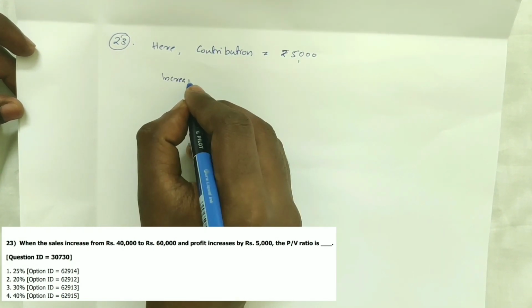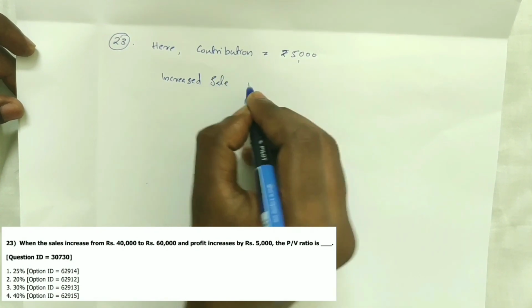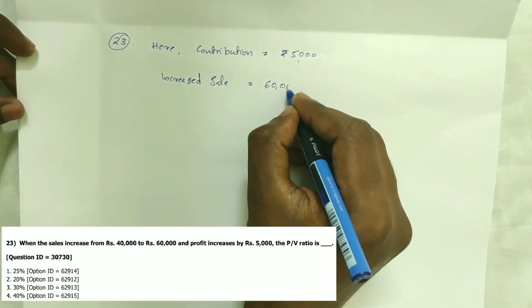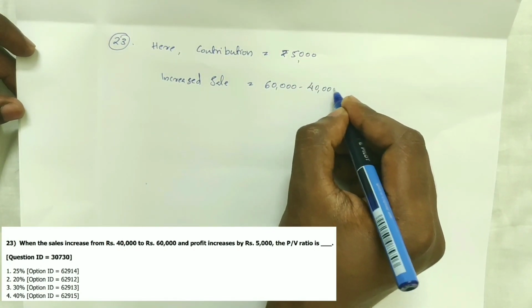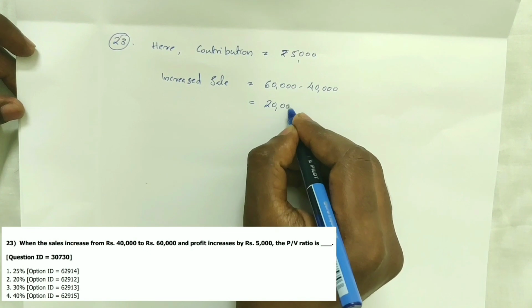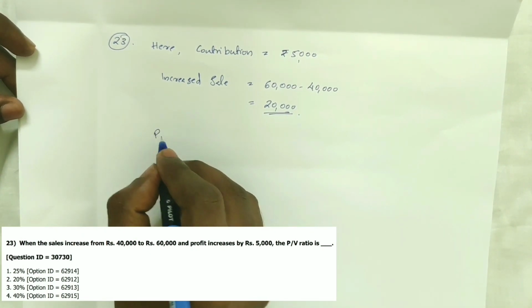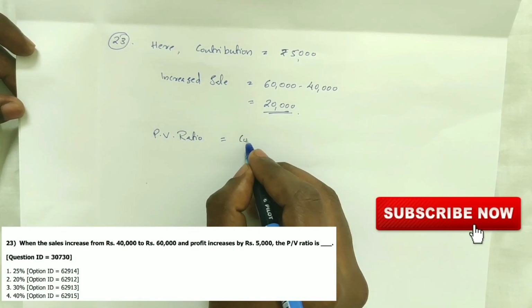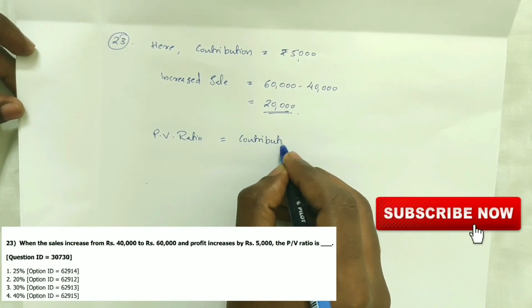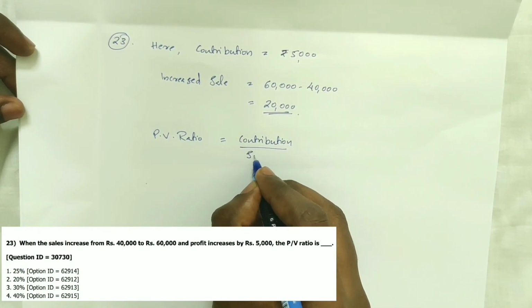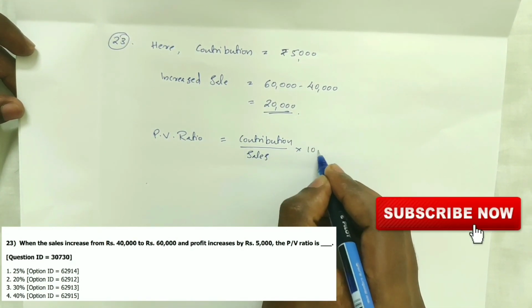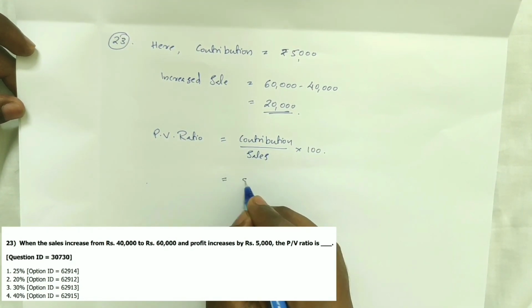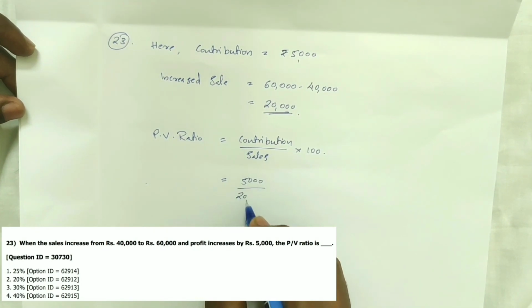Increased sale is equal to 60,000 minus 40,000, is equal to 20,000. PV ratio is equal to contribution by sales into 100, that is 5,000 by 20,000 into 100. So the answer is 25%.